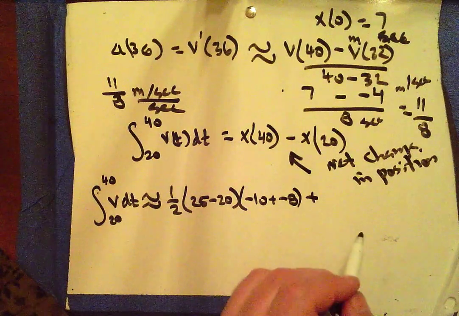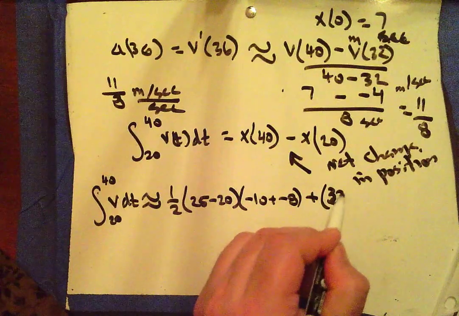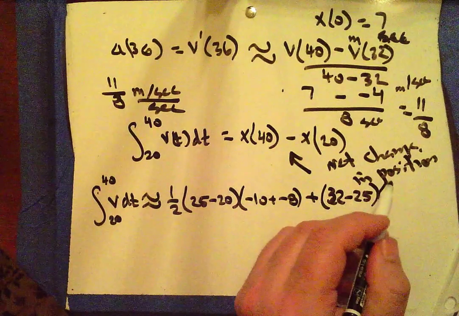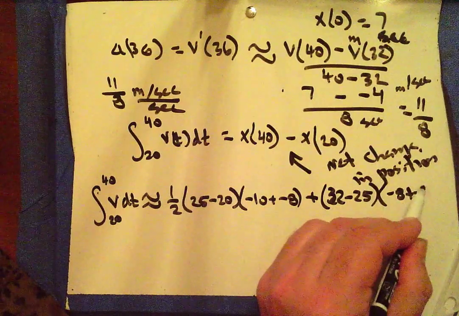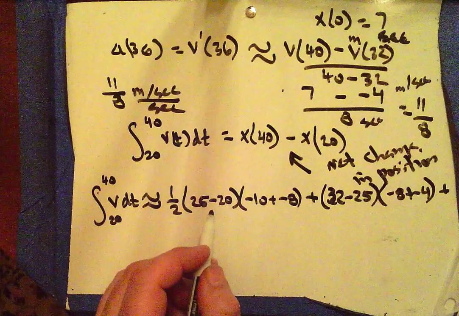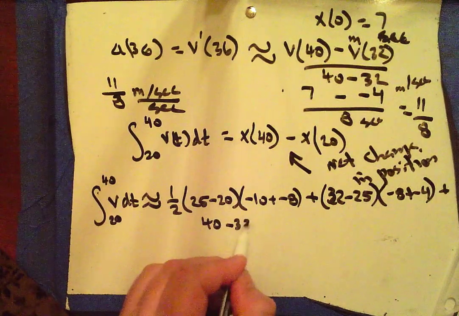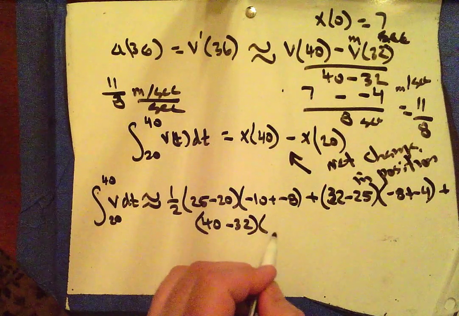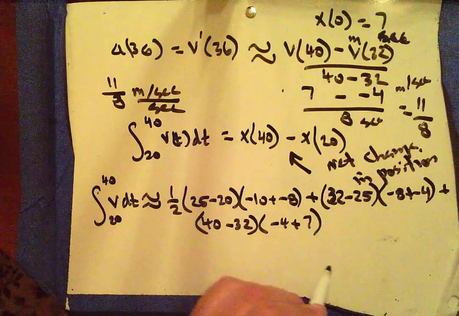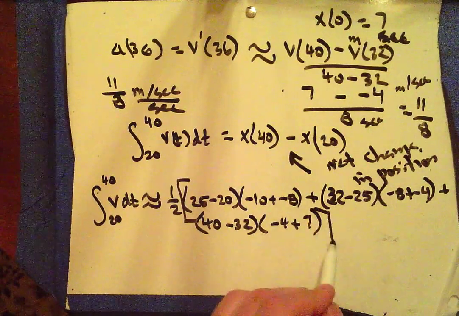The next one goes 25 to 32, so 32 minus 25, and the heights there are -8 plus -4. And finally, the last one is from 32 to 40, so 40 minus 32 times -4 plus 7.